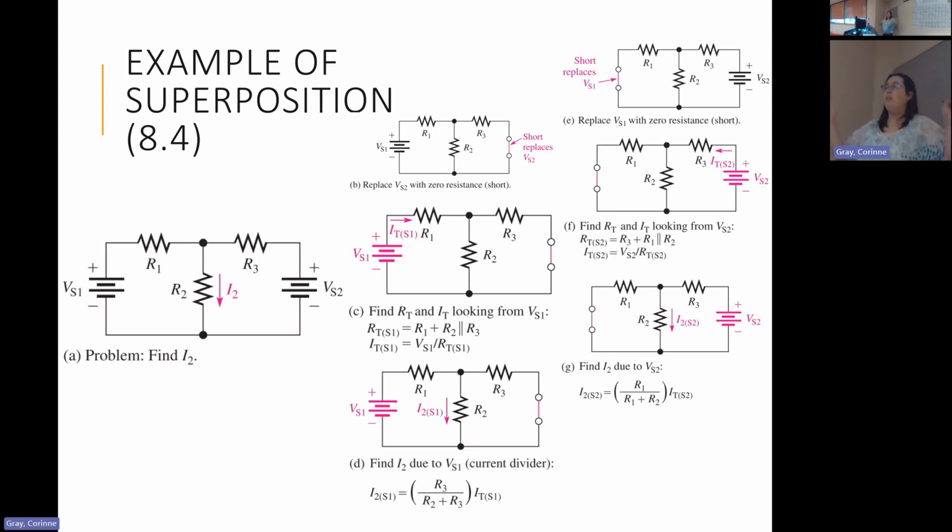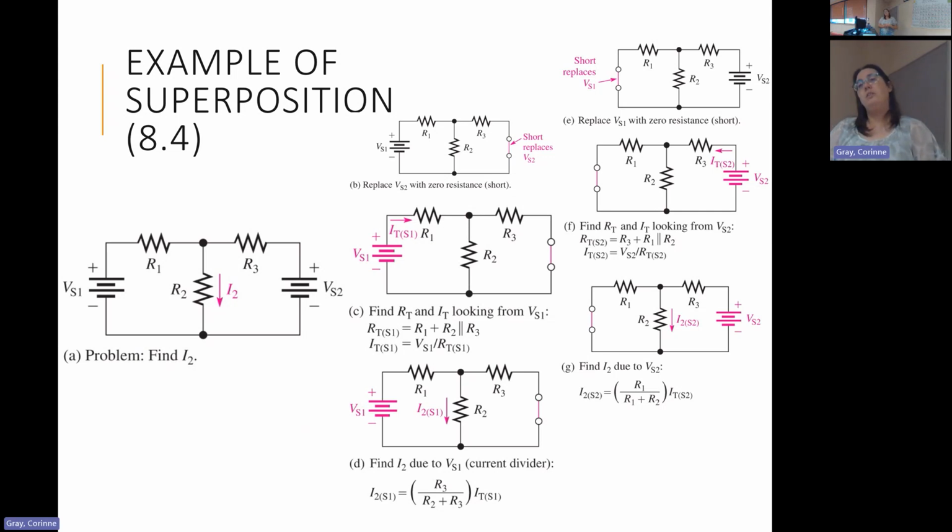Right? I only have 2. I've done my analysis twice. I'm at the point now where I can take my 2 circuits, or my 2 results, and add them together to find the value of the current flowing through the middle. So before we talk about that, are there any questions on dealing with the right side battery?